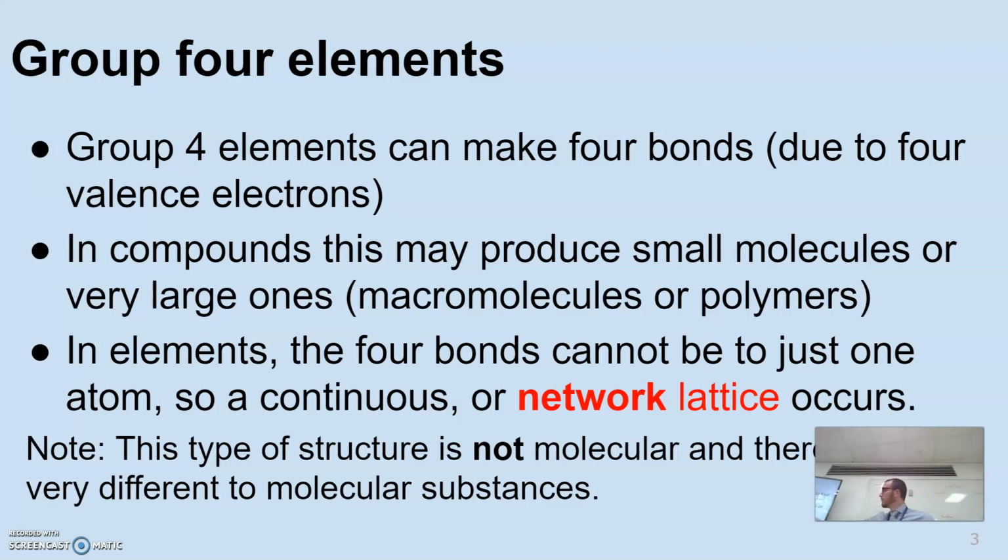So note, I've written there, it's not molecular. Lattice structures are not molecular. There's no discrete unit. So these covalent lattices have different properties. So these are all covalent, right? Covalent lattices. Carbon. Just carbon atoms. All of them have carbon, correct.